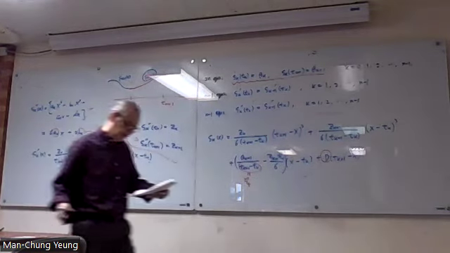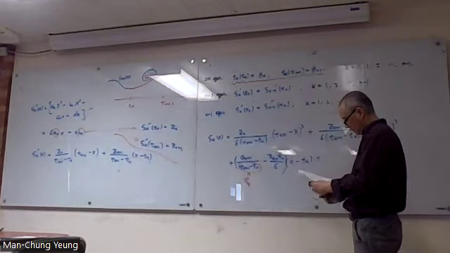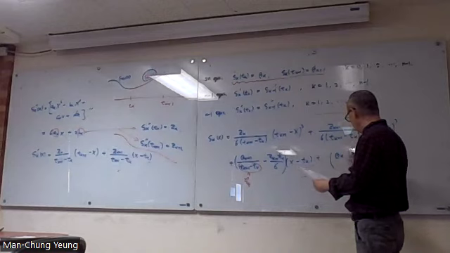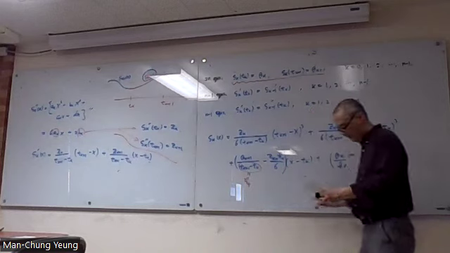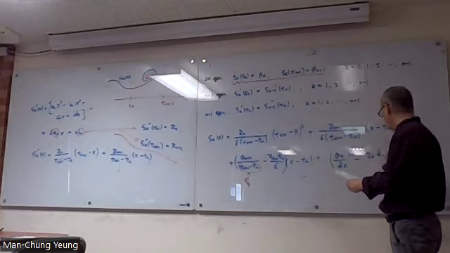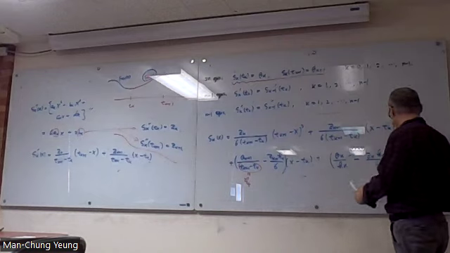How about D? D is beta k over hk minus Ck hk over 6. That's fine.